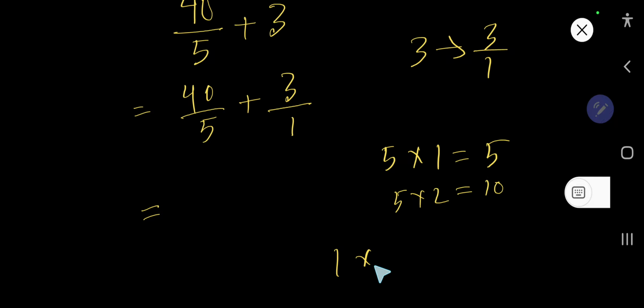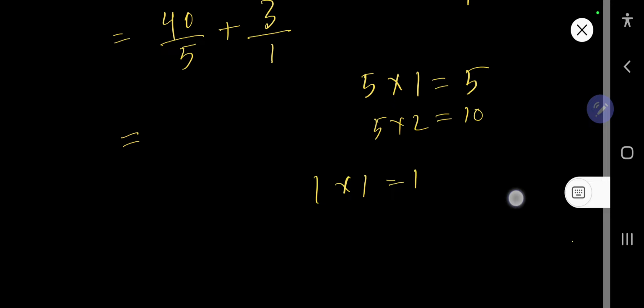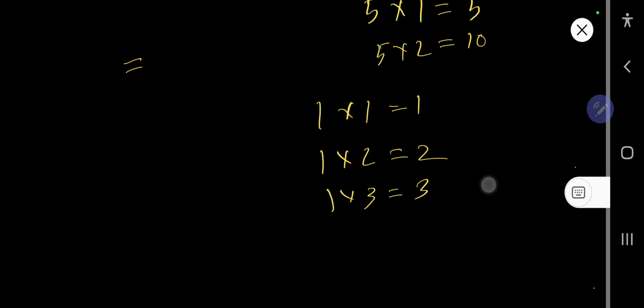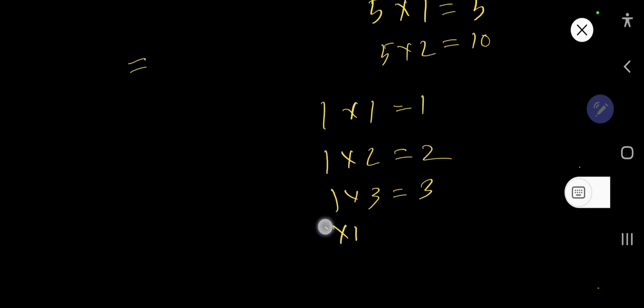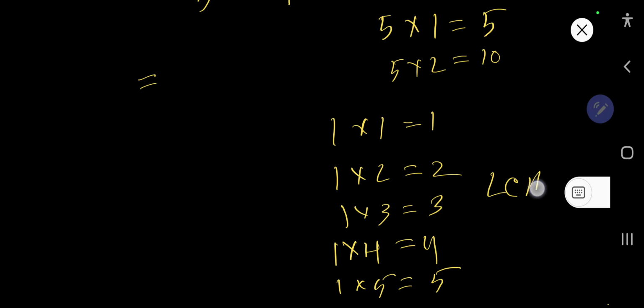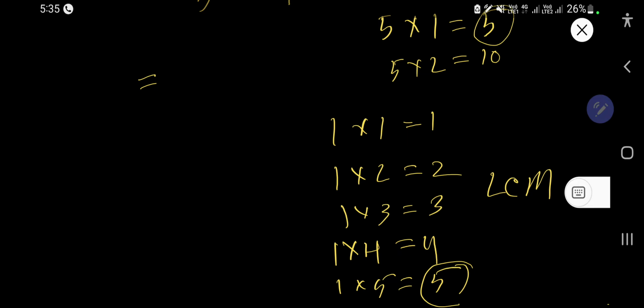The multiples of 1 are 1, then 2, then 3, then 4, then 5. Look, the common multiple of 5 and 1 is 5 here, right?